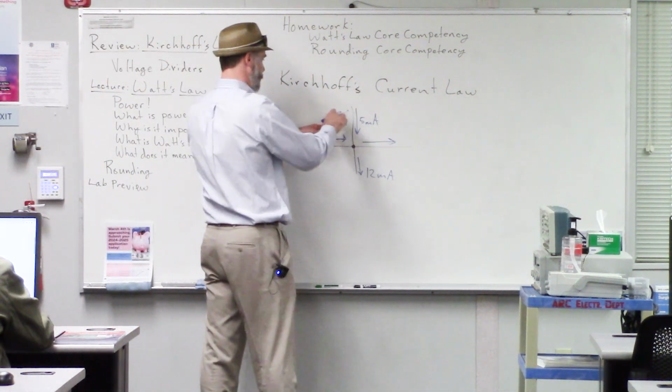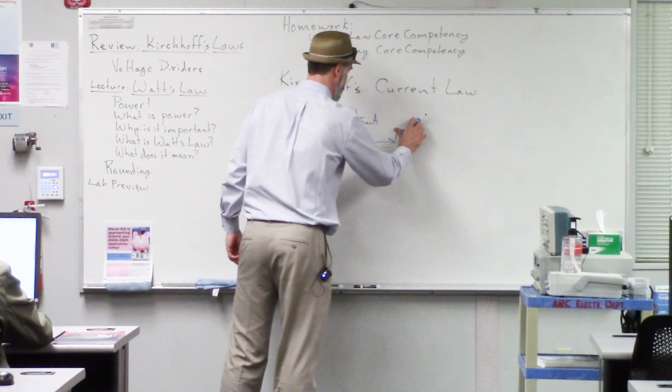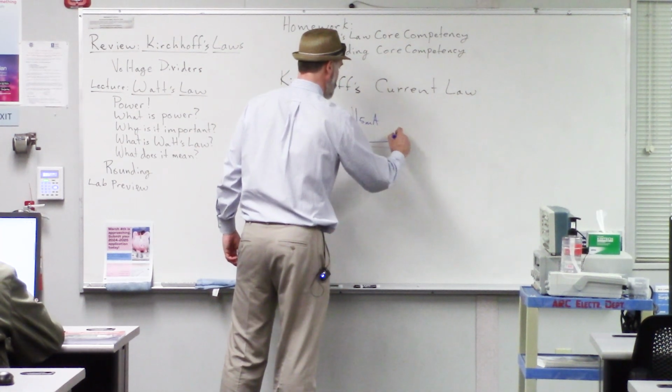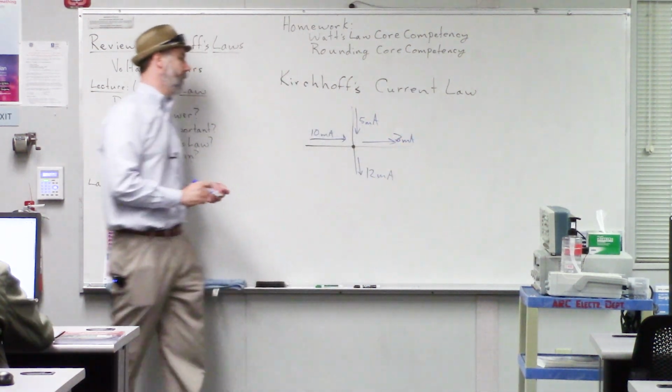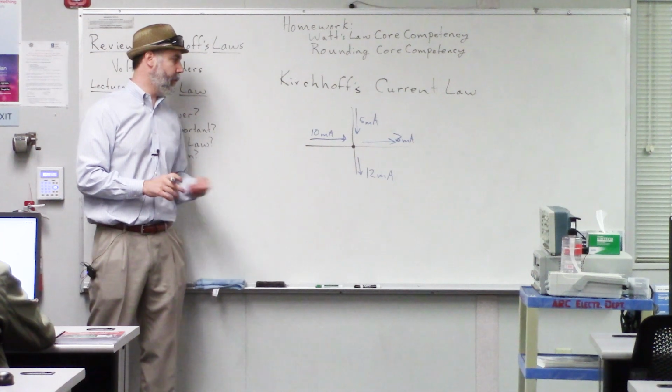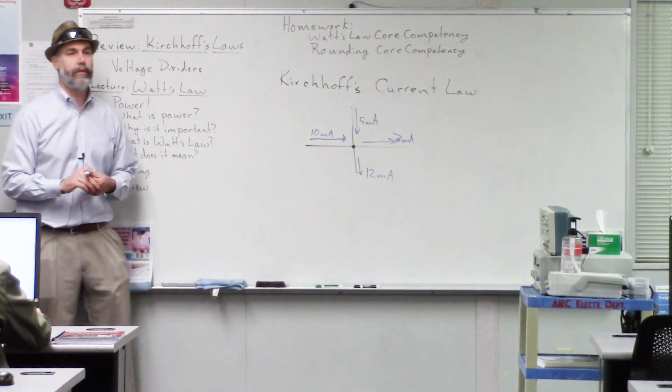Because we have 15 flowing in, we better have 15 flowing out. So we'd have 3 milliamps flowing out that way. Any questions about what Kirchhoff's current law says or how we figured this out?